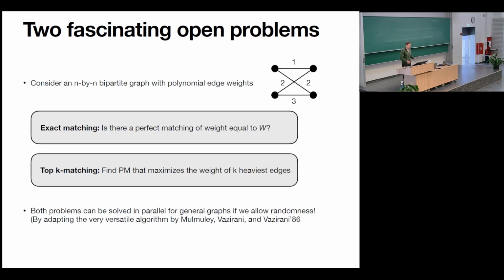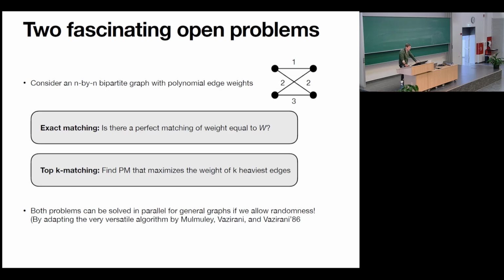So this is really strange, right? We have a really fast randomized algorithm that runs in polylog parallel time with polynomially many processors. But if we don't have access to randomness, we don't even know how to solve these questions in polynomial time sequentially. So if you have progress on them, let me know.